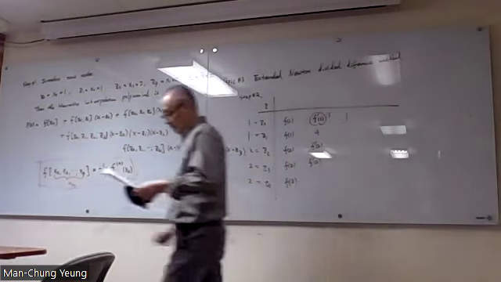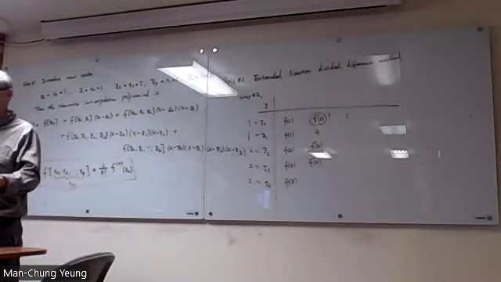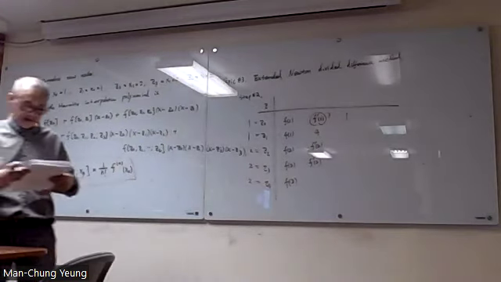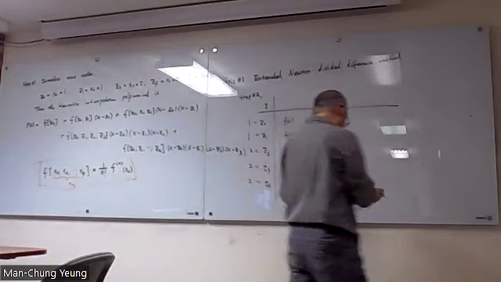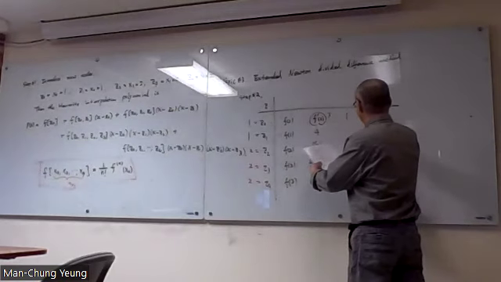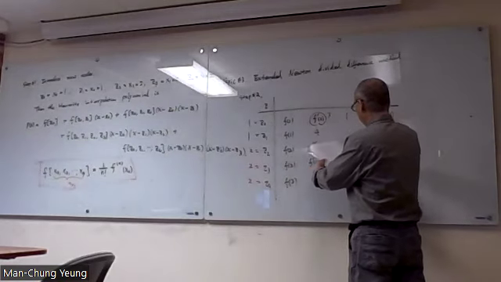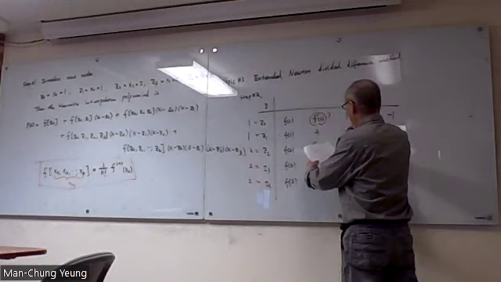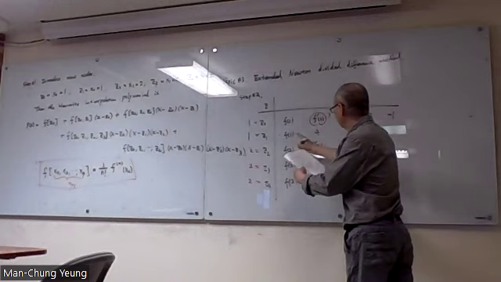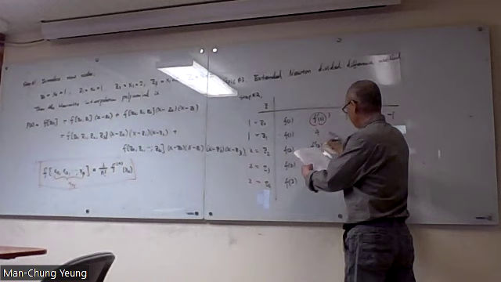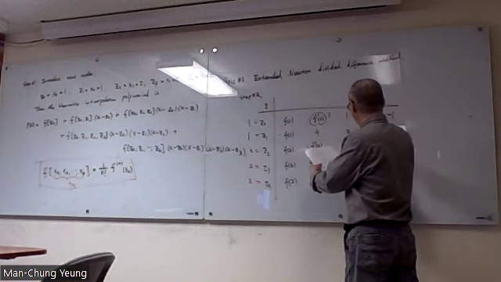I don't have time, so you can take a look at my notes. In detail, let me write down. 2, negative 1. This number is 2. 2, 4, 3, 1.